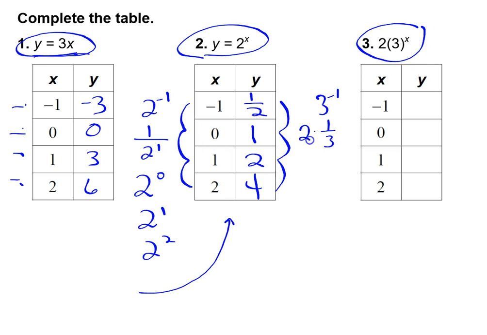And then times 2 would give us 2/3. 3 to the 0 is 1, times 2. 3 to the first times 2 is 6. And then 3 squared is 9 times 2 is 18. So that's just a quick review on plugging numbers in, what they look like.